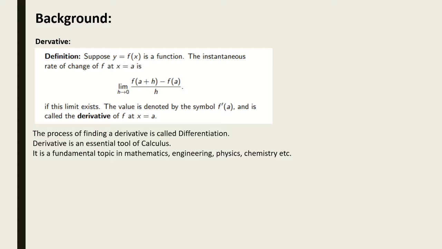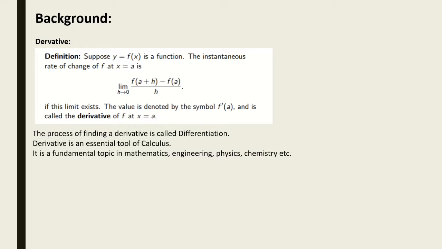What we call the derivative is an essential tool of calculus, and it's a fundamental topic in areas like mathematics, engineering, and physics. The definition of the derivative: suppose y equals f(x) is a function.